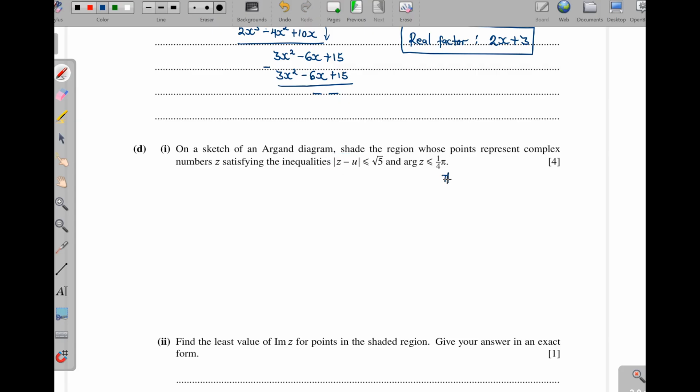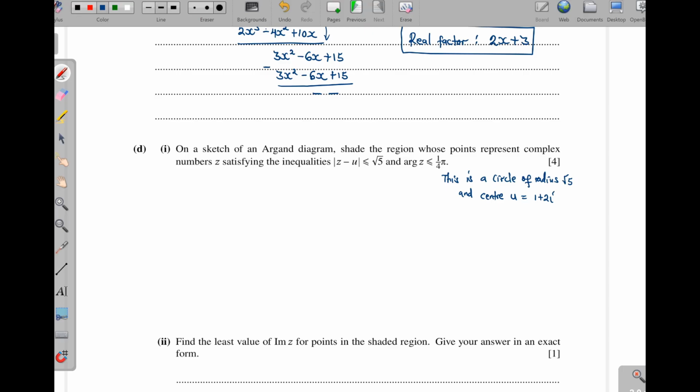So here we are dealing with a circle. This is a circle of radius. The radius is what is given here, radius root of 5, and center. The center is u, which u is equal to 1 plus 2i.